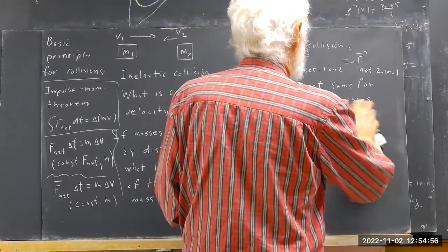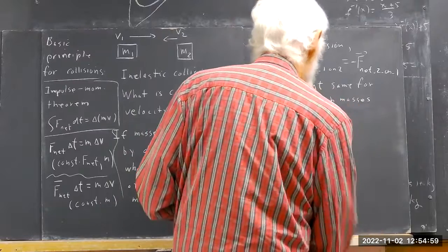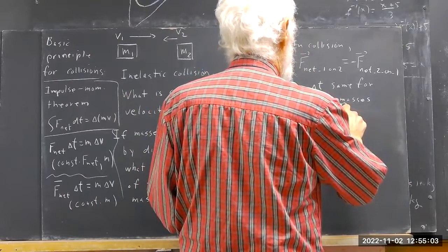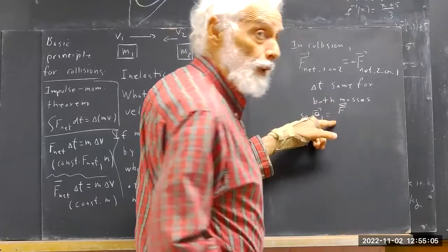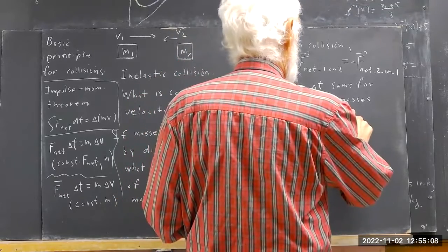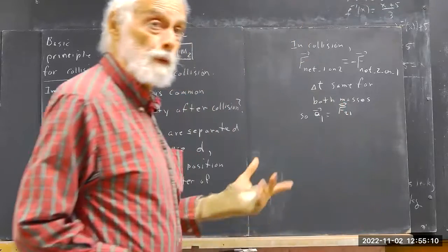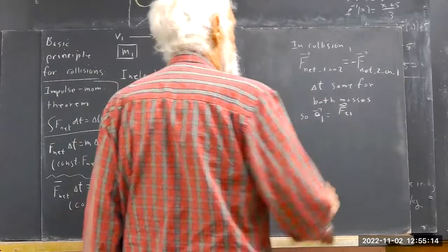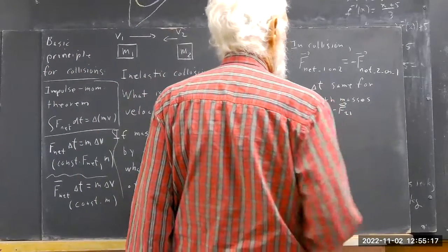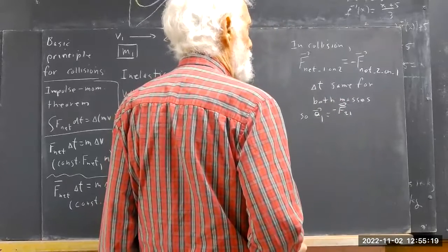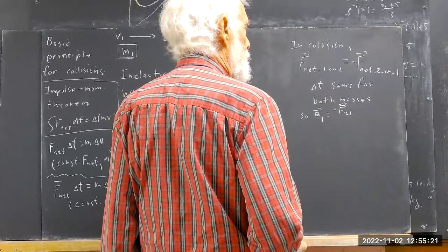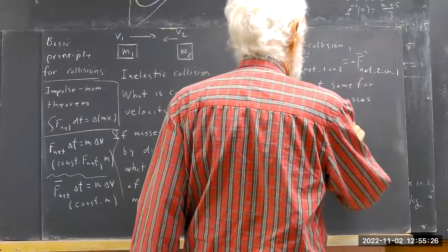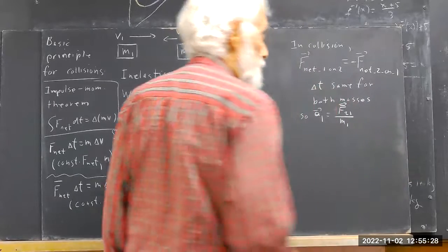I have to write this one down. There's a bar and an arrow, meaning the average force. And I'll just go ahead and use 2-1, because that's what you're used to seeing. I think we defined what that means. And let's have 2 on 1 divided by mass, right?